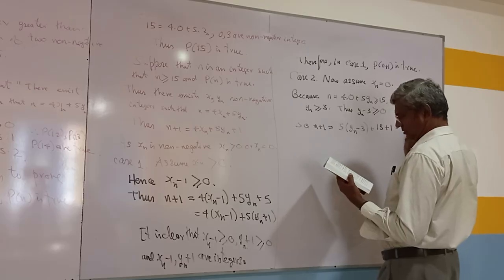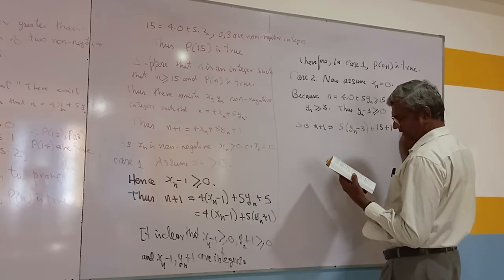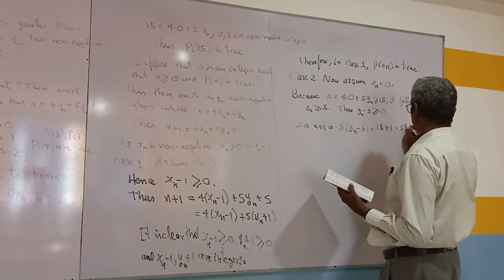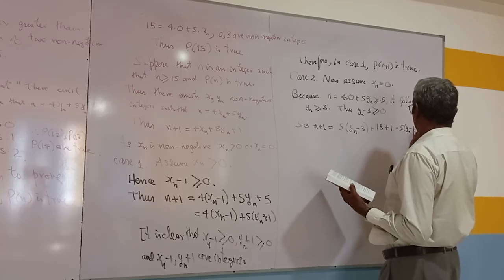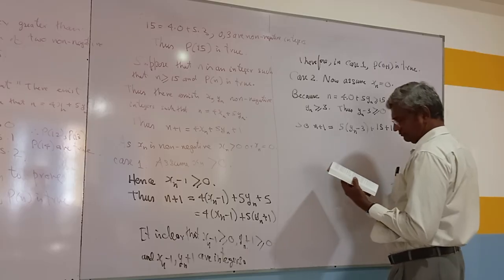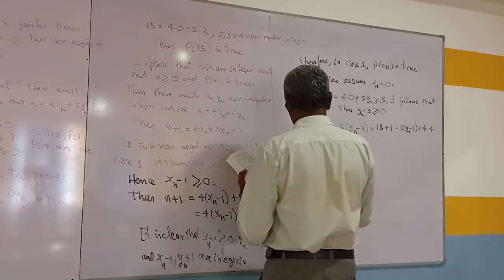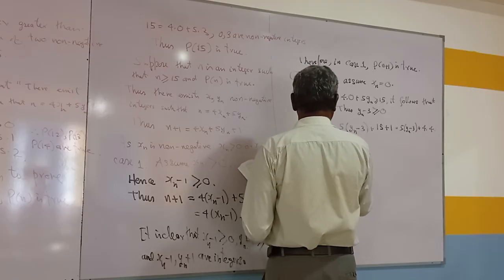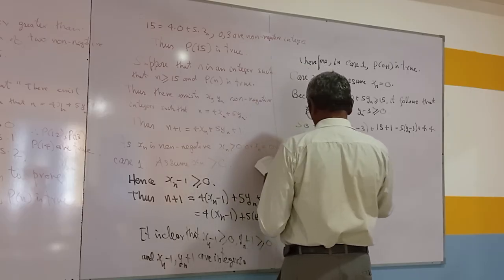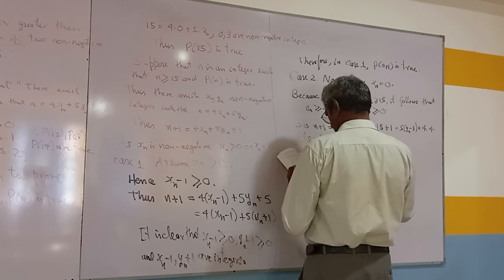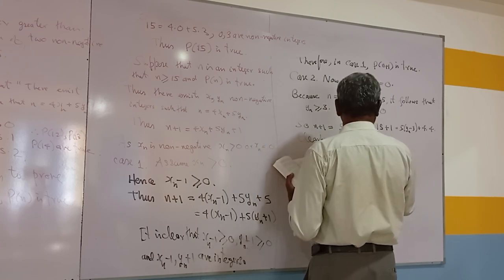This is equal to 5 times yn minus 3 plus 4 times 4. Clearly, yn minus 3 and 4 are non-negative integers.